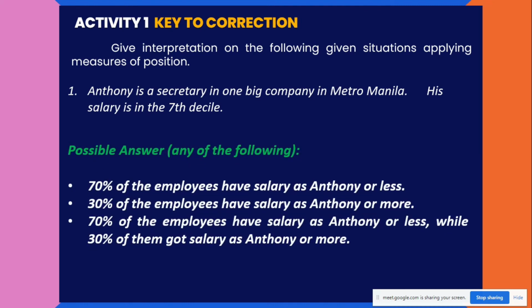So, salary man yata ni siya. So, 70% of the employees in a company in Metro Manila have salary as Anthony or less. So, pwedeng pareho ng salary ni Anthony, pwede rin less than sa salary ni Anthony. So, kung may 70% na less than or equal sa salary ni Anthony, so meron ding 30% ng mga employees, okay, have greater than or equal sa salary ni Anthony.